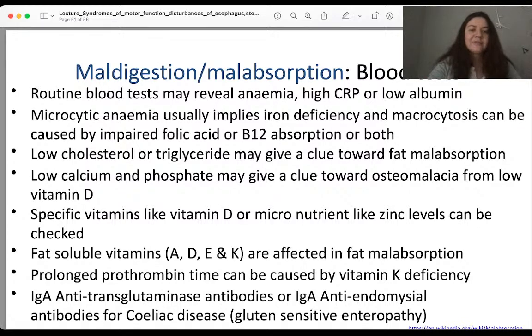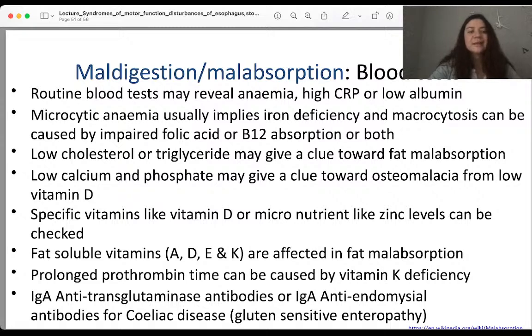Low calcium and phosphate may give a clue toward osteomalacia from low vitamin D. Specific vitamins like vitamin D or micronutrients like zinc levels can be checked. Fat-soluble vitamins like vitamins A, D, E, and K are affected in fat malabsorption. Prolonged prothrombin time can be caused by vitamin K deficiency.